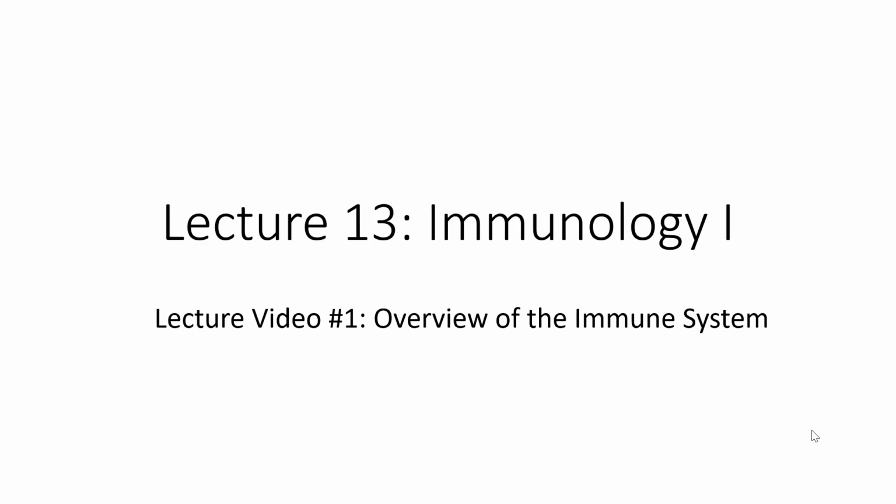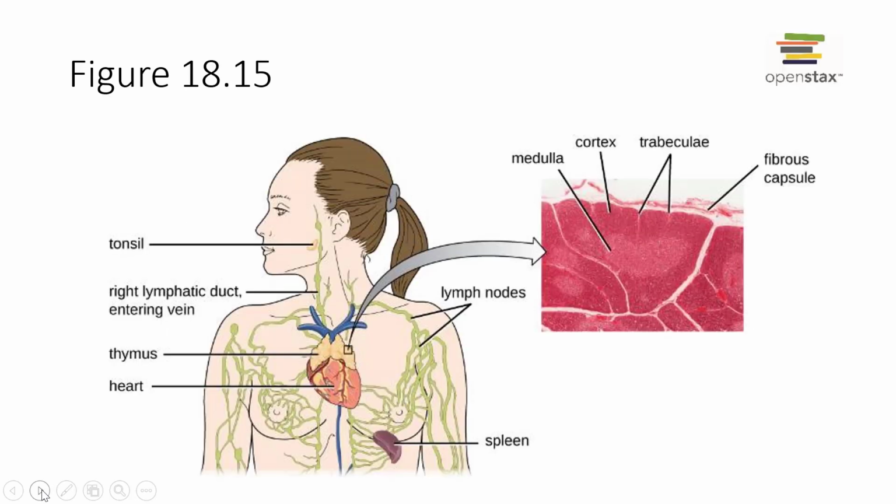You're probably aware that the immune system is a really important part of our body. It is extremely powerful in what it's able to do. This diagram shows us some of the important organs involved in our immune system.